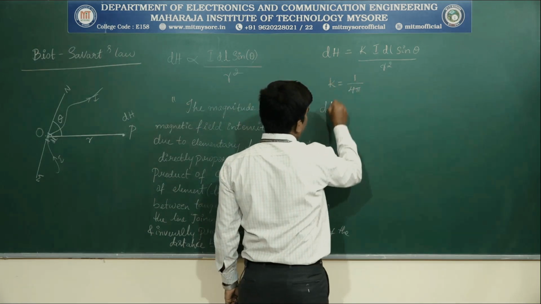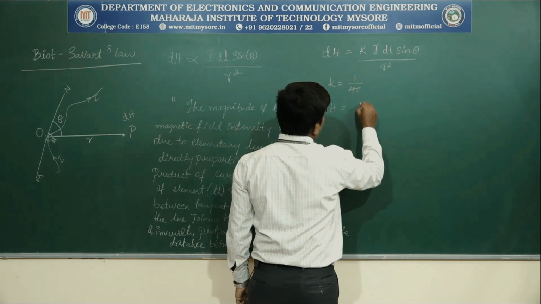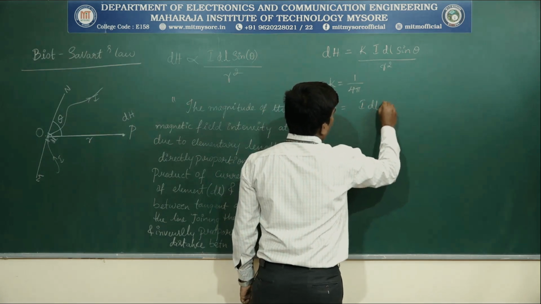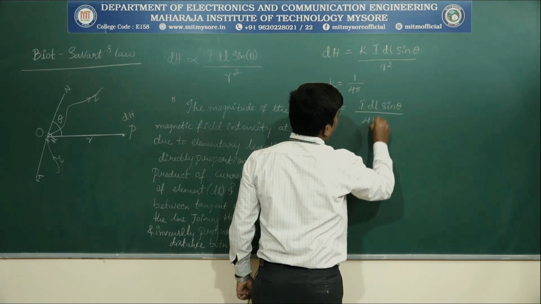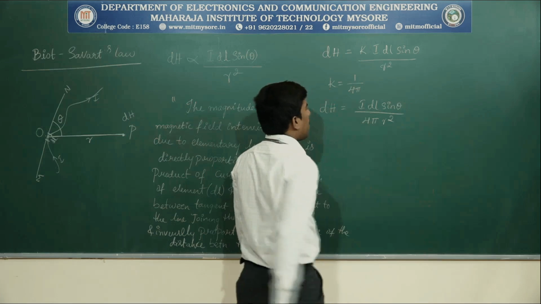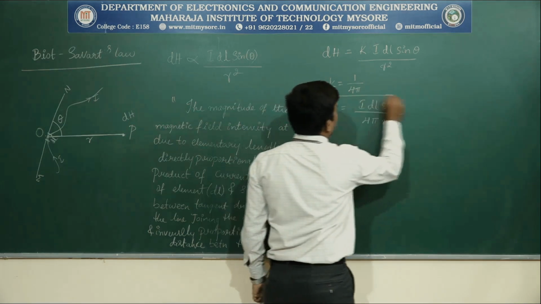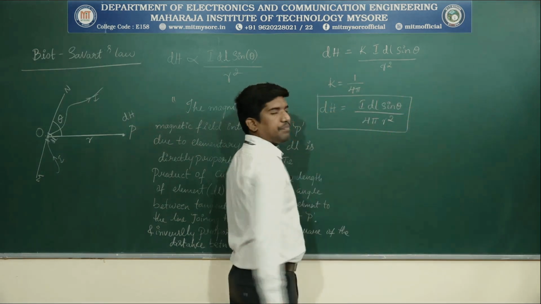Then the above equation can be written as dH is equal to I into dl into sin theta divided by 4 pi r square. This is the magnitude of the magnetic field intensity.